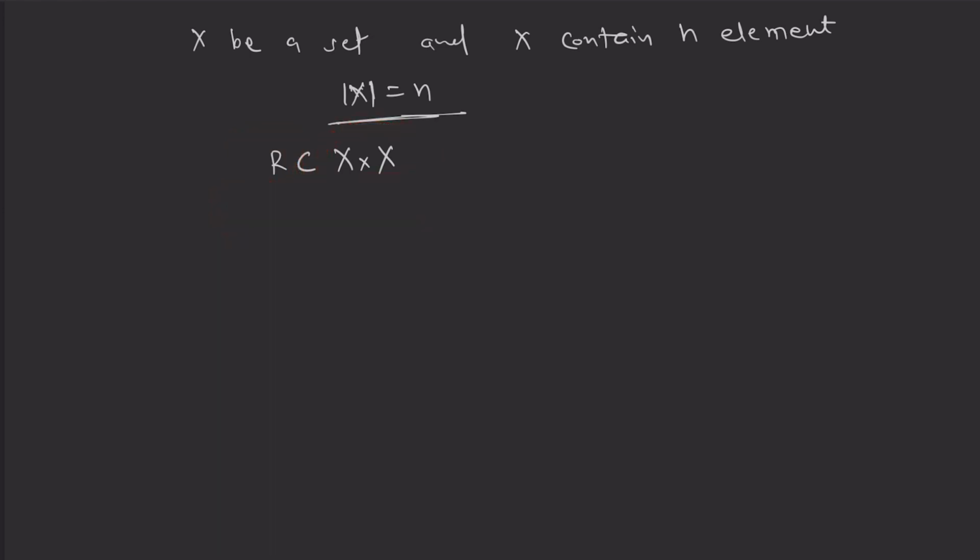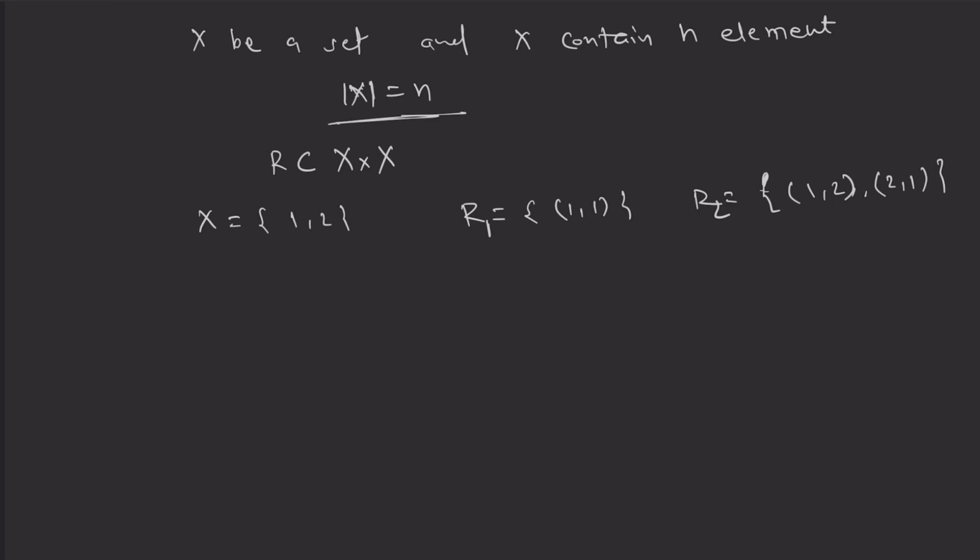Like this, there is a set X = {1, 2}, so I can define a relation like 1 comma 1. This is one relation R1, and R2 is 1 comma 2 and 2 comma 1. Like this, there are many more relations for this set, but how many relations can I define on this set?